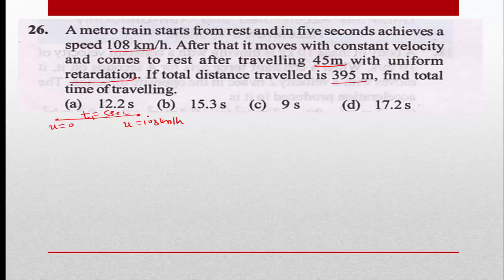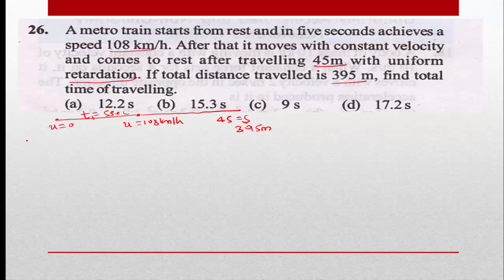After that it moves with constant velocity, that is 108 kilometer per hour, and comes to rest after traveling 45 meter, s equal to 45 meter, with uniform retardation. The total distance traveled is 395 meter. Find the total time of traveling.